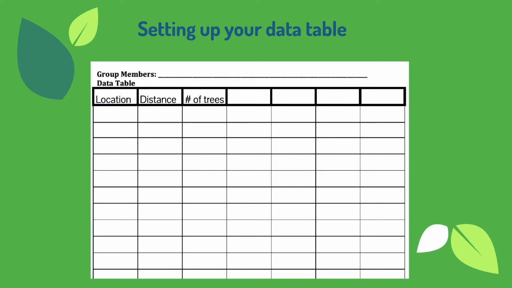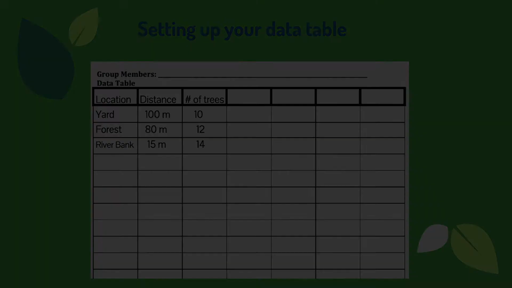I could go out and in the second row down, I might write the location I first collected data, how far I was from the water, and then the number of trees I found at that location. Each time I collected data in a new location, I would start a new row.